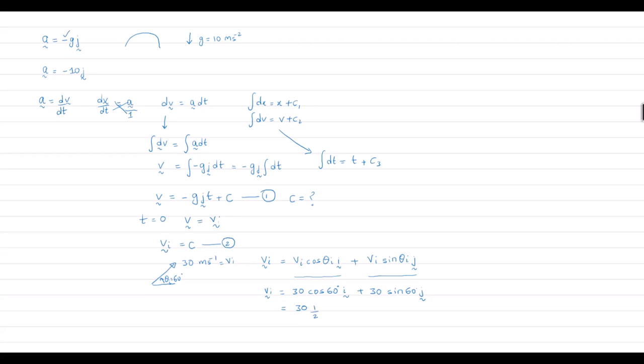So this will be 30 times half times I. And what is sine 60? Sine 60 is root 3 over 2 times j. So can we simplify this further? Yeah. So let's do as much simplification as possible.